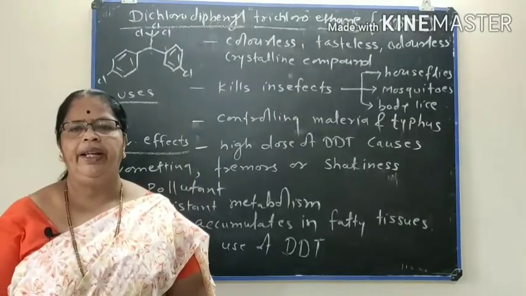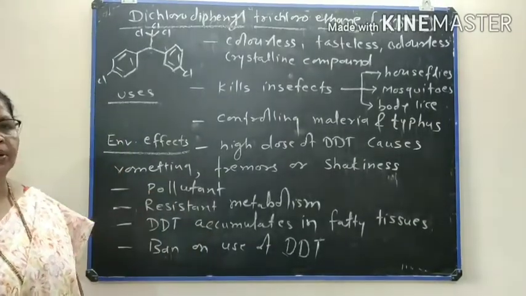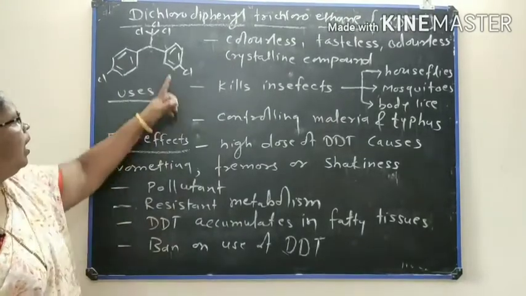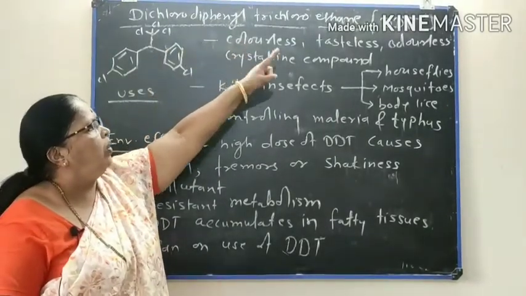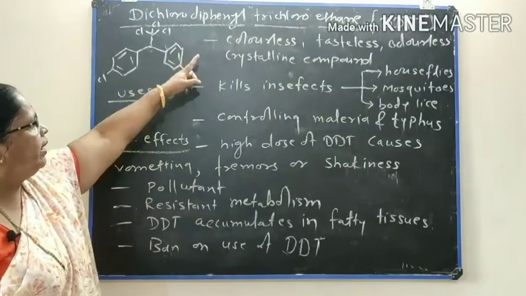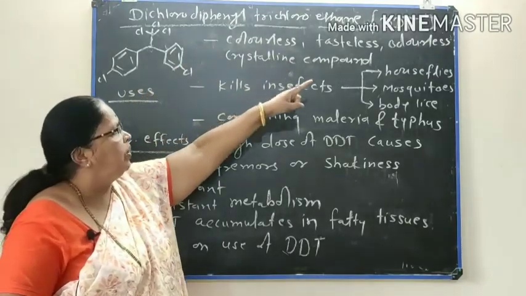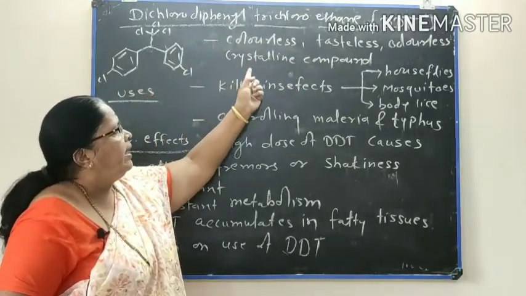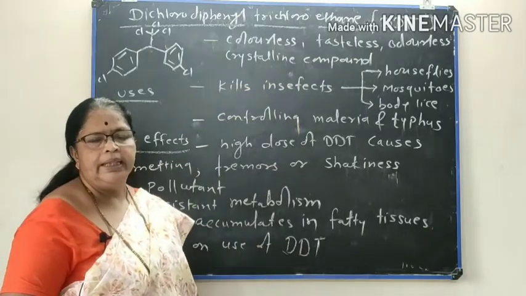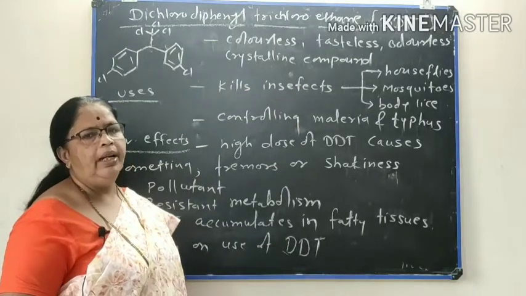Next, DDT. The long form of DDT is dichloro-diphenyl-trichloroethane. It is a colorless, tasteless, odorless, crystalline compound.